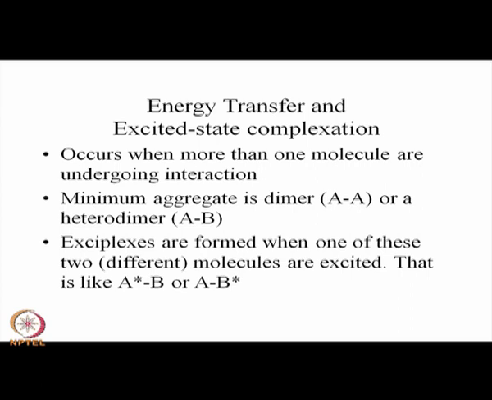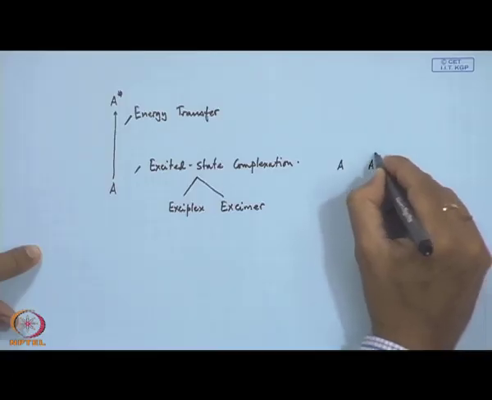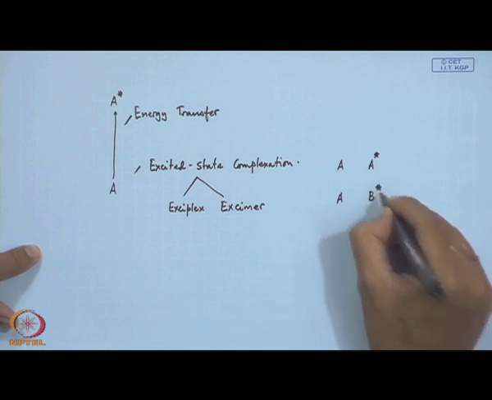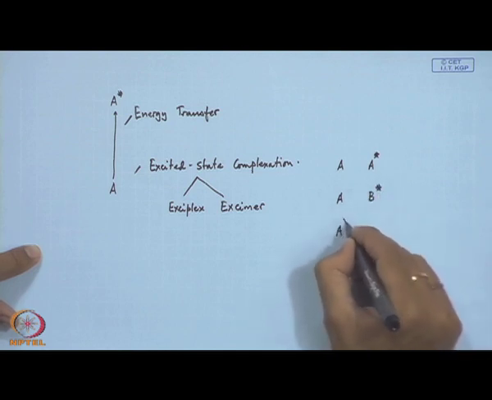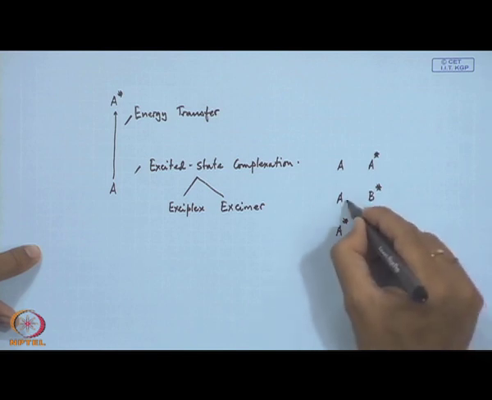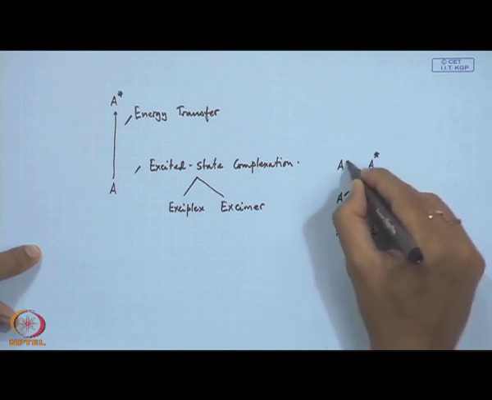Energy transfer and excited state complexation. Now, this occurs when more than one molecule are undergoing interaction. That is, more than one molecule means suppose we have got one A, another A star, or maybe one A, another B star, or maybe one A star, another B. So, these two are undergoing interaction, or these two.